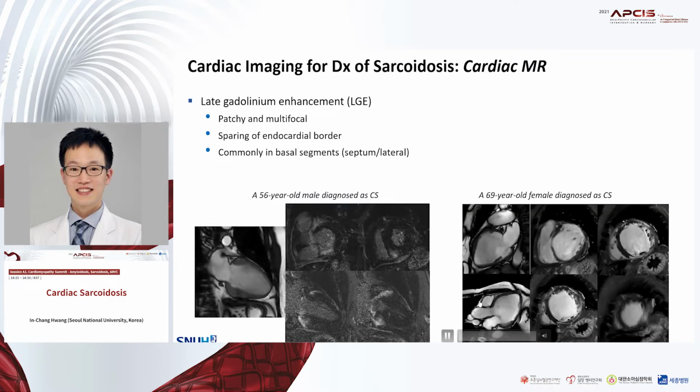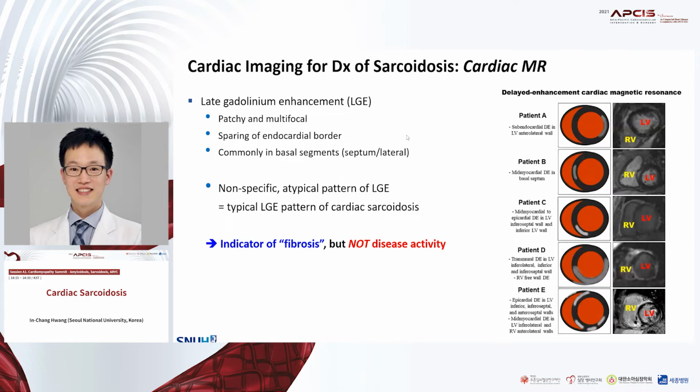As shown in these typical patients, the LGE pattern on cardiac MR is often patchy and multifocal, spares the endocardial border, and is commonly observed at basal segments. But these LGE patterns are not specific for sarcoidosis, and ironically, the non-specific pattern of LGE is often regarded as the typical finding of cardiac sarcoidosis.